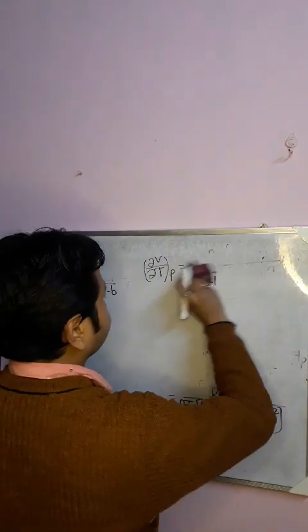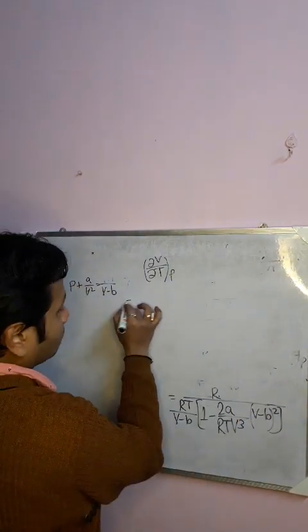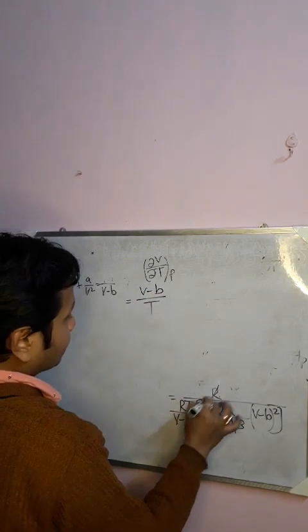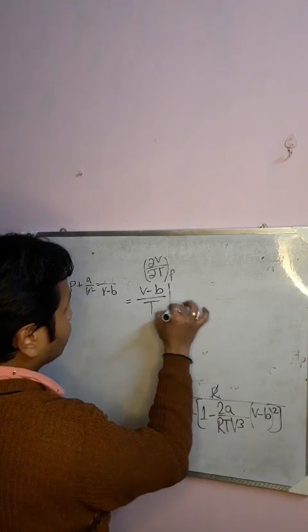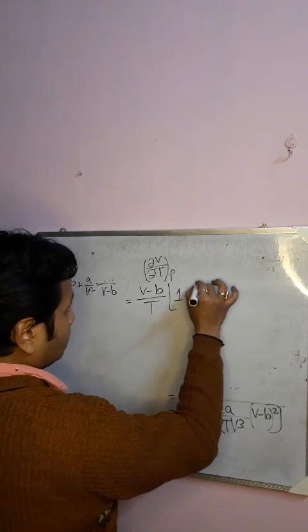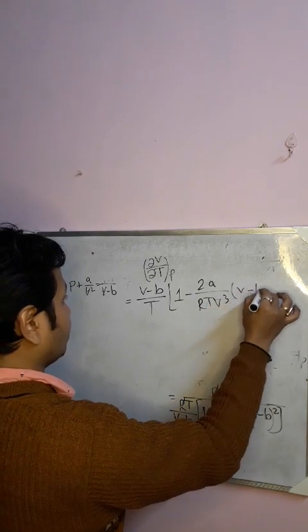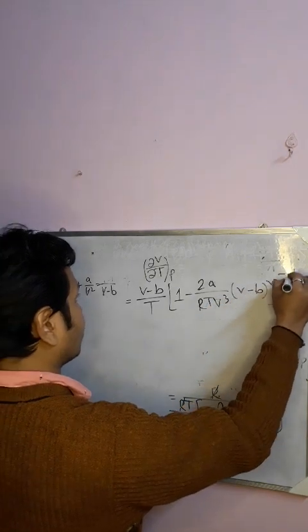Oh sorry, this becomes V minus B by T, R and R cancel. And if we take it in the numerator, this becomes 2A by RT V cube into V minus B whole square, to the power minus 1.